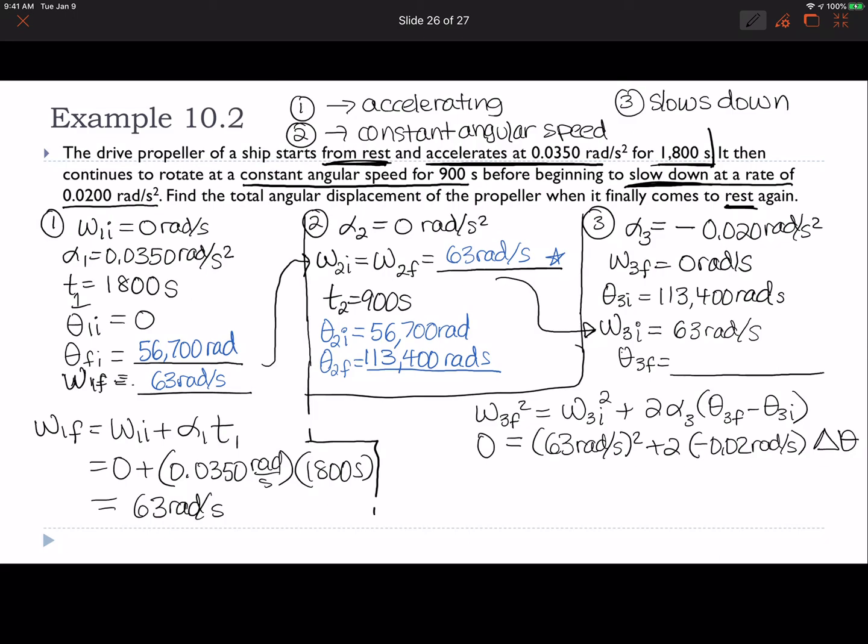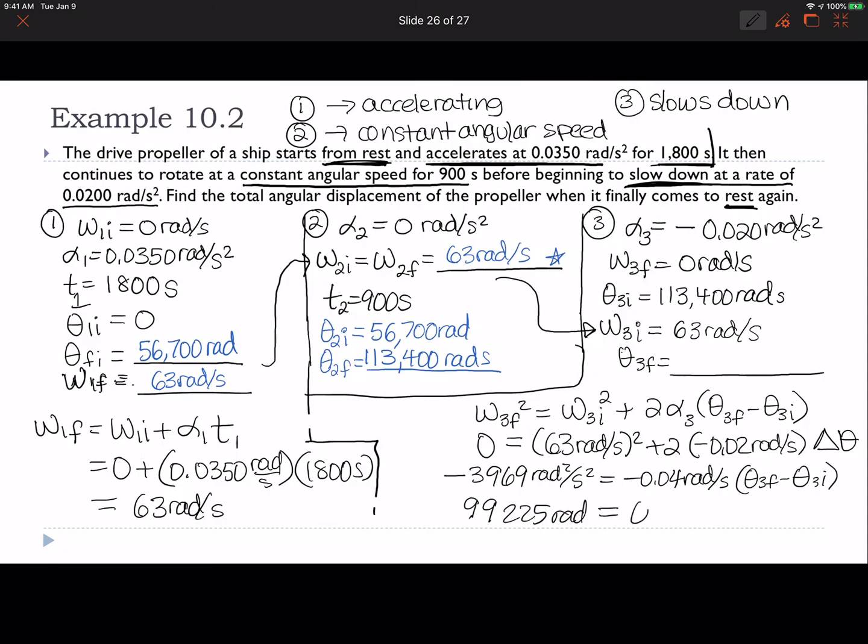So if I move the 63 to the other side and I square it, I get negative 3969 radians squared over second squared equals minus 0.04 radians per second squared times the final minus the initial angular position. Divide both sides by negative 0.04 and I get 99,225 radians.